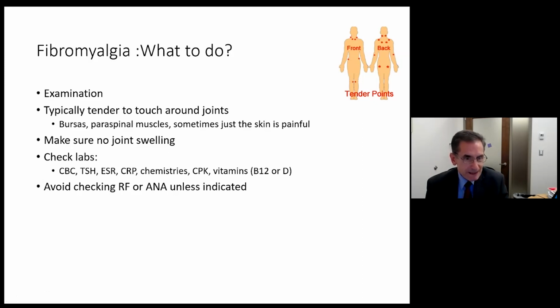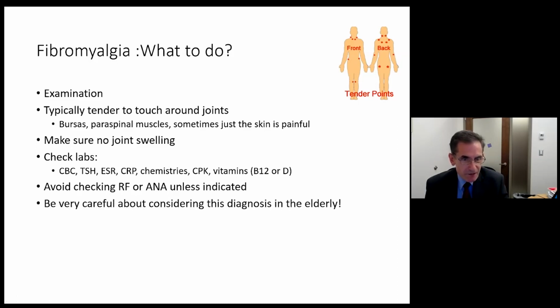However, avoid checking the rheumatoid factor or ANA unless there's a clinical reason to utilize those tests. Because as I mentioned, there can be false positive ANAs and even false positive rheumatoid factors in low levels, which can confuse the workup and evaluation and can confuse the patient as well.